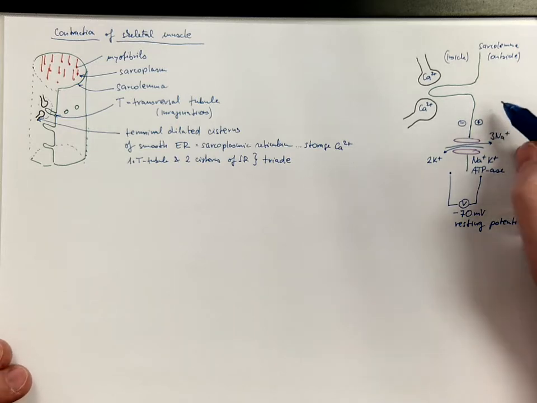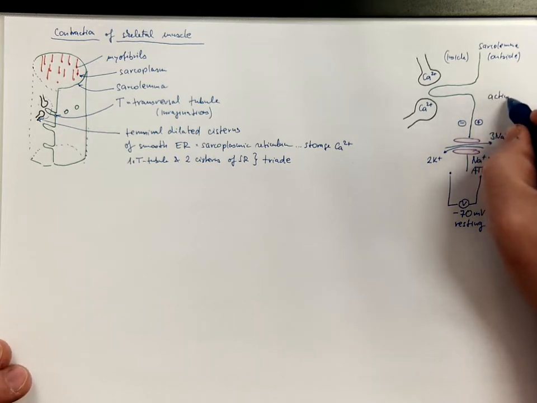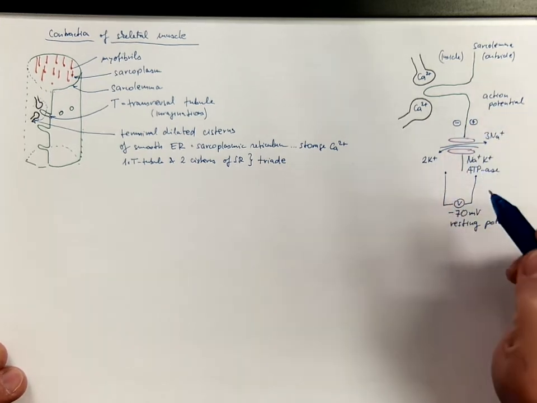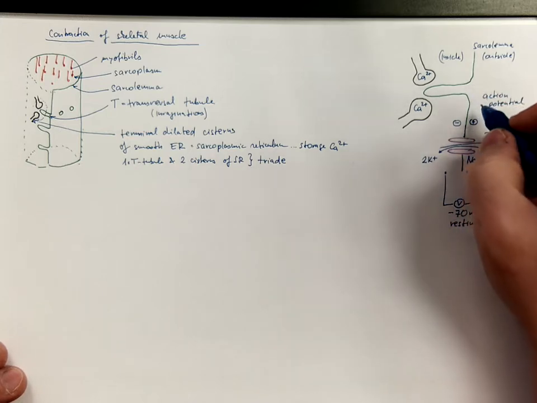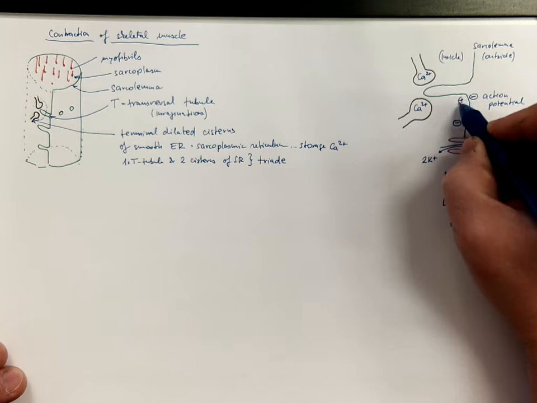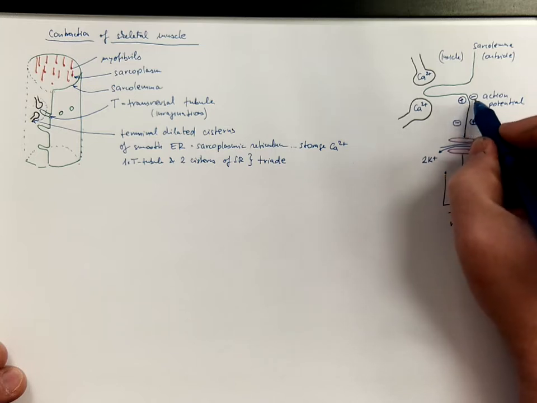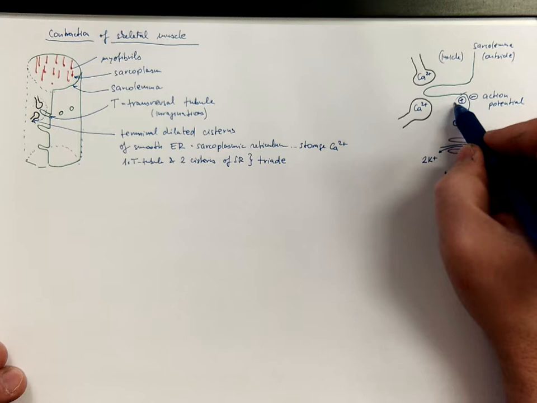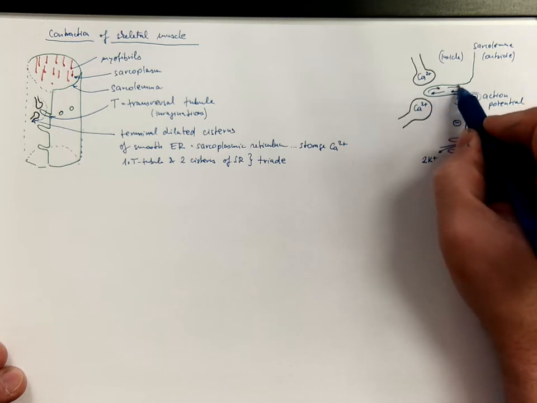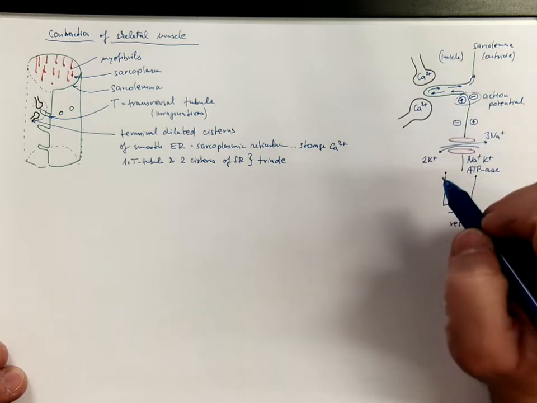Now, when it comes to action potential, there is a reversal of this charged particles concentration. So for a short period there is more positive inside and more negative outside, and this electric change is traveling along the sarcolemma, including the T-tubules.